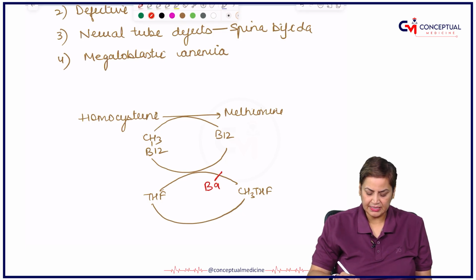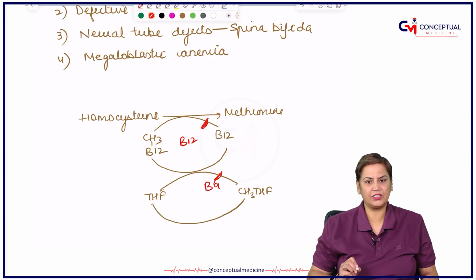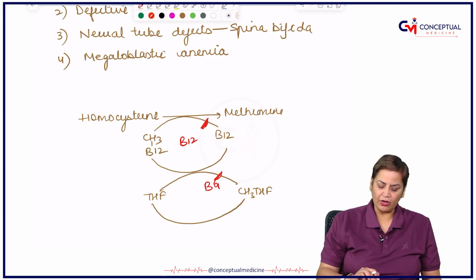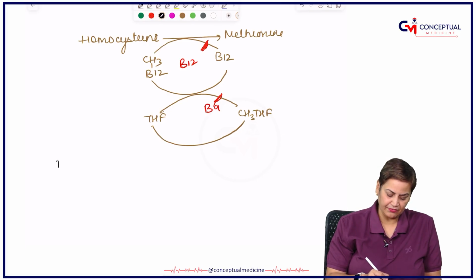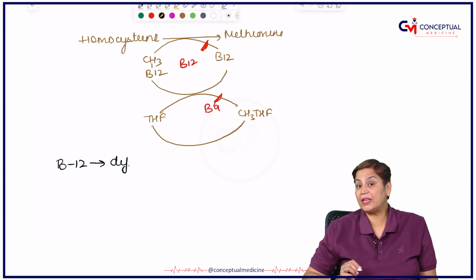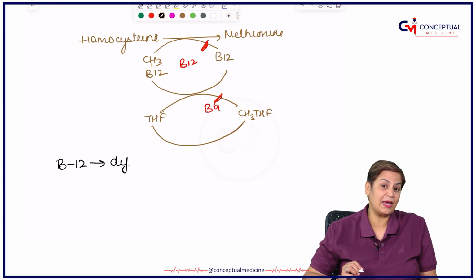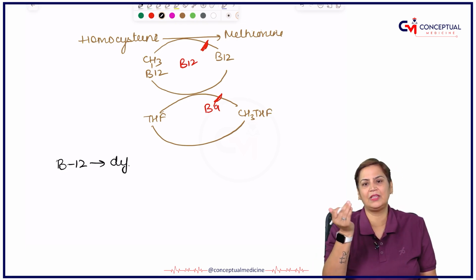If B9 is deficient or B12 is deficient, we will take the cases separately. If B12 is deficient, B9 does not know that B12 is deficient. So B9 will keep on donating its methyl group.